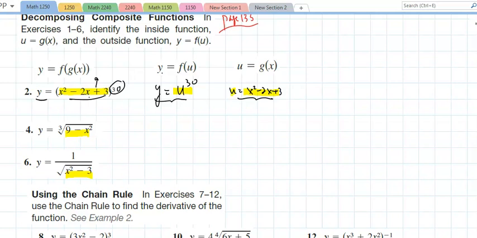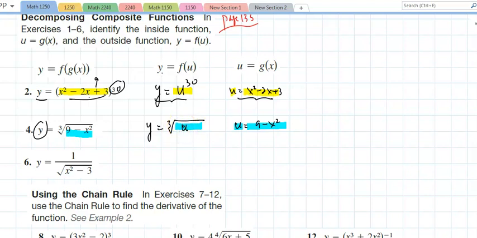If I went on the bottom problem, if I let u equal the inside of the radical, if I let u equal 9 minus x squared, guess what? This y would equal the cube root of, and if I put u there, and there it is.